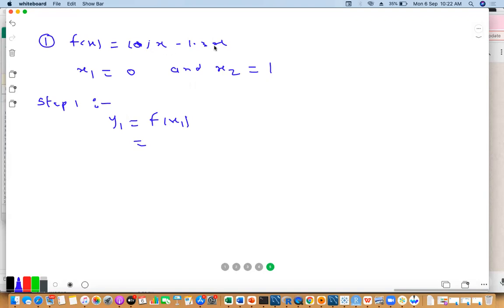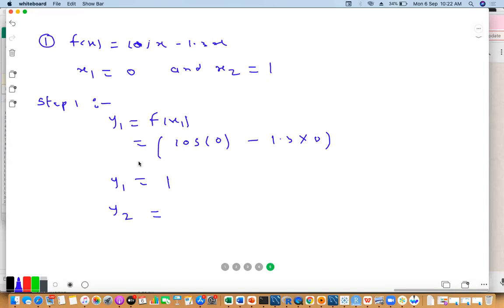Cos x minus 1.3x. So put x1 equal to 0 in this function. What will be the value? Cos of 0 minus 1.3 into 0. Here 1.3 into 0 is equal to 0 and cos 0 is equal to 1. So y1 is equal to 1. Now let us calculate y2.